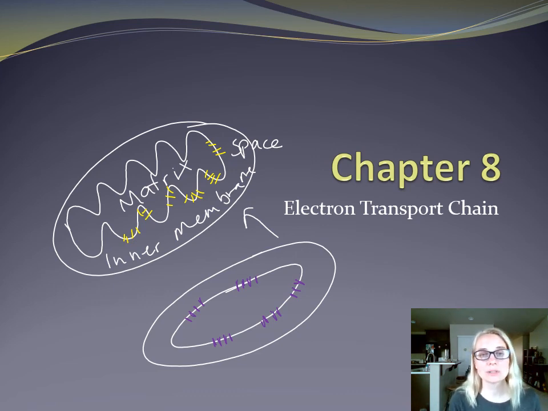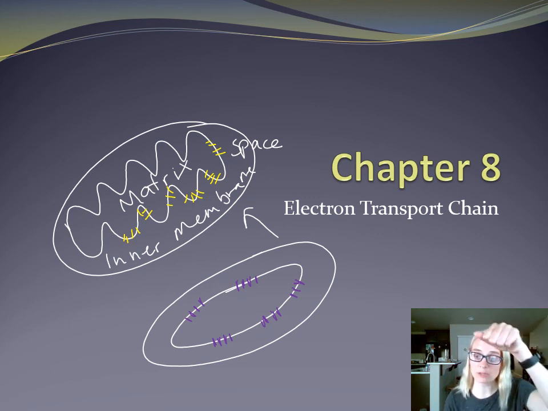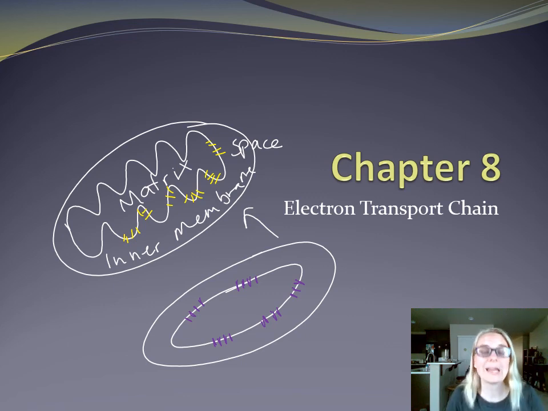So we have the matrix as a space, we have the inner membrane space, and we have the crista, which is that inner membrane that's all wrinkly, and that's where these electron transport chain proteins are embedded in that membrane. They're going to be integral transmembrane proteins, and they're pumps. They're going to be an active transport pump that we'll be seeing powered by these electrons that we've gathered in our electron buckets. We're ready to dump them and let them do work for us here in the cell.